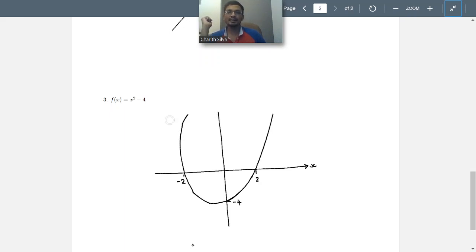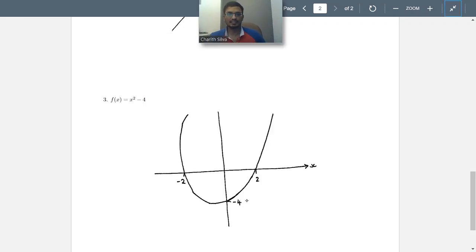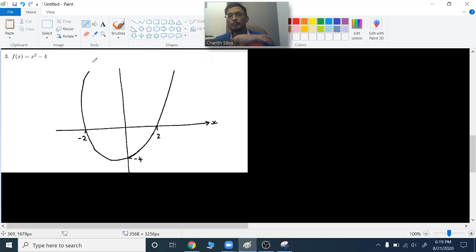In the leftmost edge, there is a bent shape like this, which is not true when it comes to the actual graph. So this point will be a weakness, and also not labeling the y-axis is not good. So that marks the end of worksheet 1.